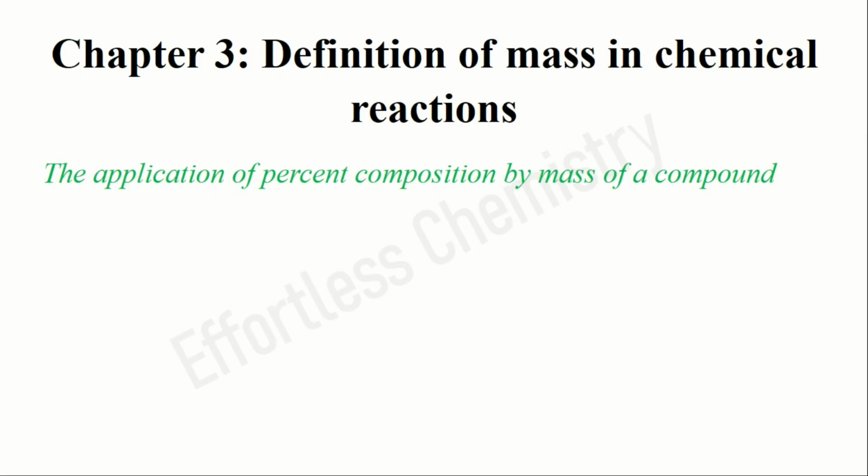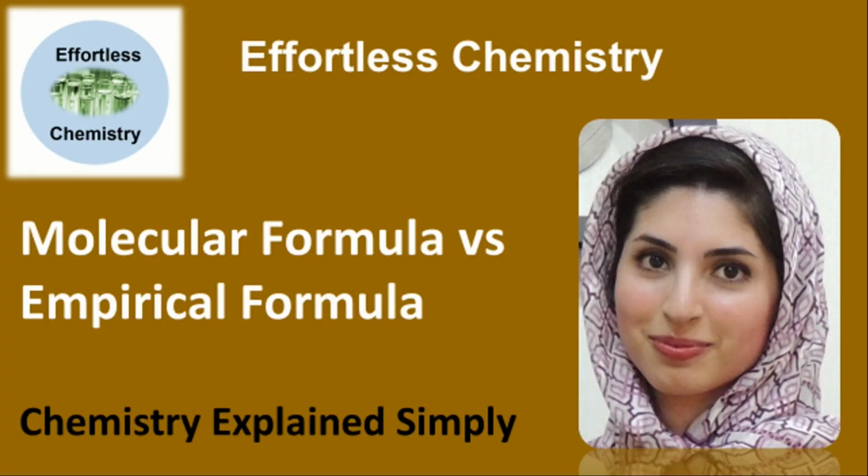Given the percent composition by mass of a compound, we can determine the empirical formula of the compound. If you want to know about the empirical formula, you can watch my YouTube video with the title Molecular Formula versus Empirical Formula, and then you will find what the differences are between these two formulas.